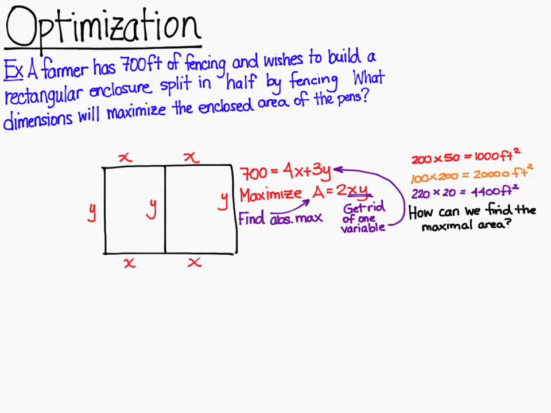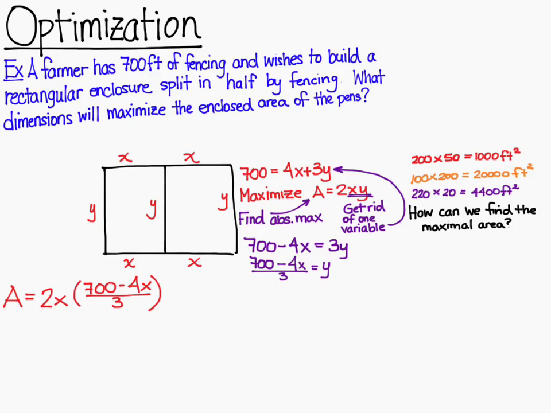So what I'll do is solve for one of those two variables, in this case y, and plug it in for y in the area function. So the area is equal to 2x times (700 minus 4x) over 3. When I simplify this, I get (1400x minus 8x squared) all over 3.